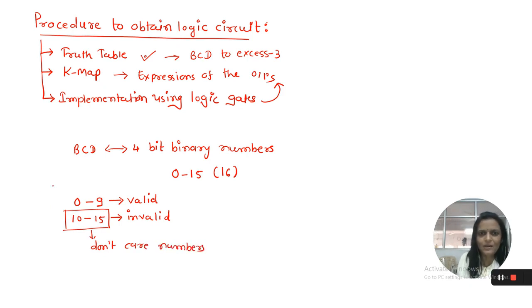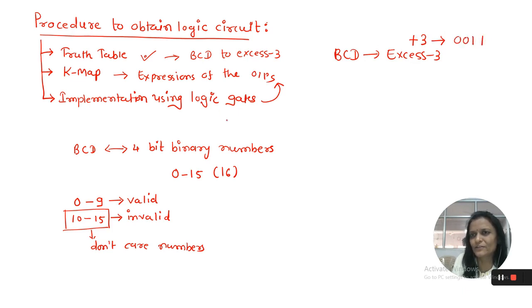Second thing, how to convert a BCD number into an XS3 number. Now XS3 itself indicates it is addition of 3, and the binary equivalent of this 3 is 0011. So for any BCD number, if you want to find out the XS3 number, we can add 0011 to that number.